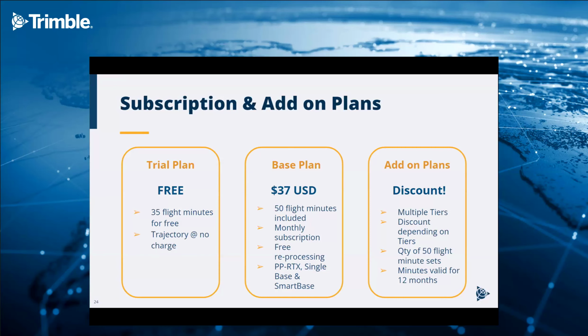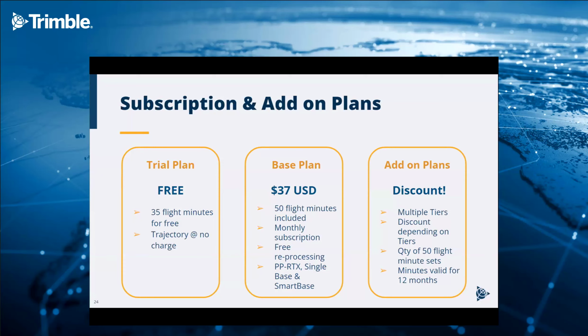By the way, if you have to reprocess something because you detected a failure or you uploaded a wrong base station, for instance, you can always reprocess your data, and we are not going to deduct the minutes. So reprocessing is free of charge. And the base plan does include all of those different processing modes that I explained before. PPRTX, Single Base, and Smart Base are part of it.